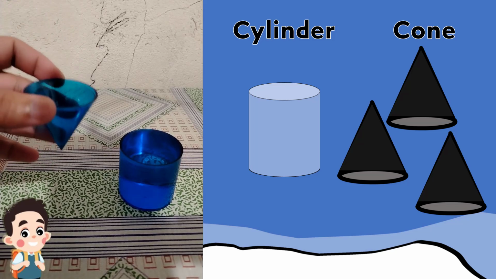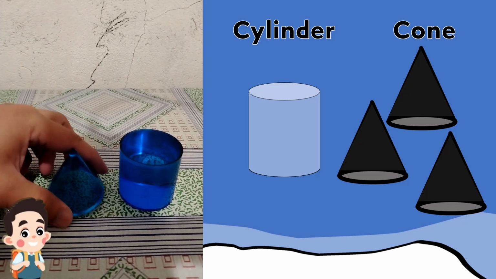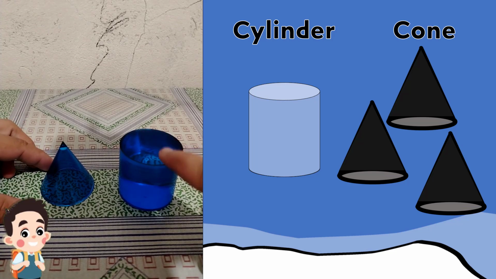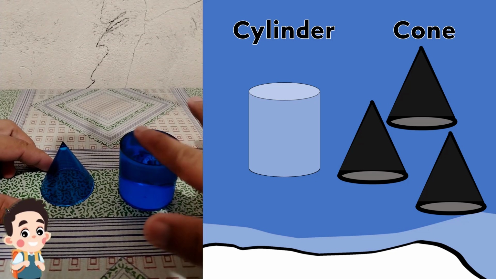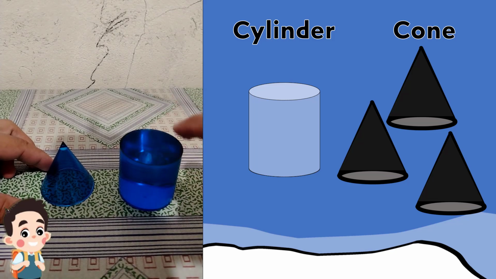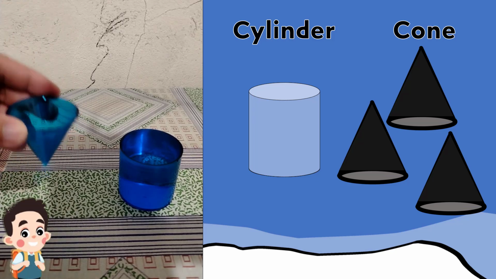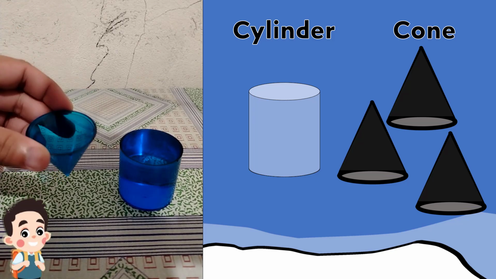What is the relationship that we can draw from that basic experiment or illustration? We can see that the total volume of this cylinder, because it completely fills up, is equal to 3 times the volume or the capacity of this cone.